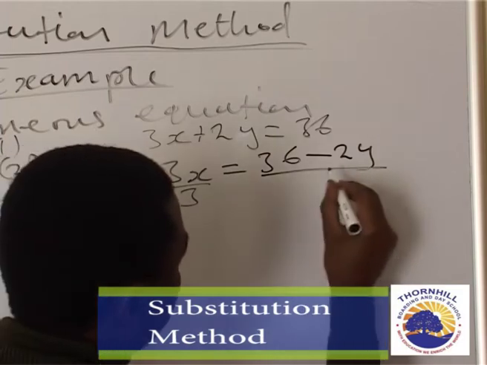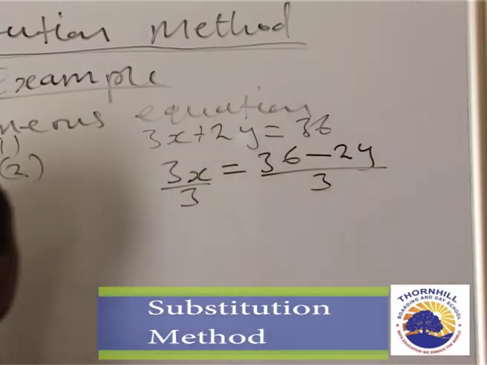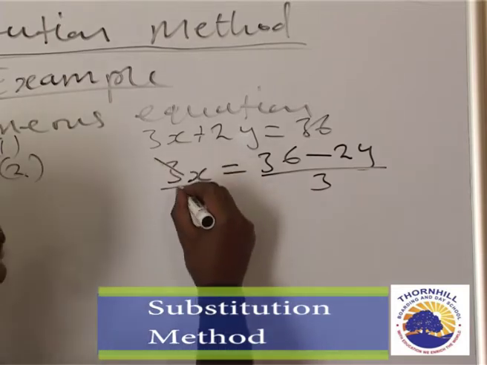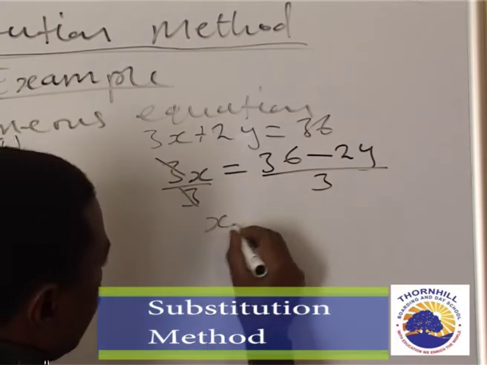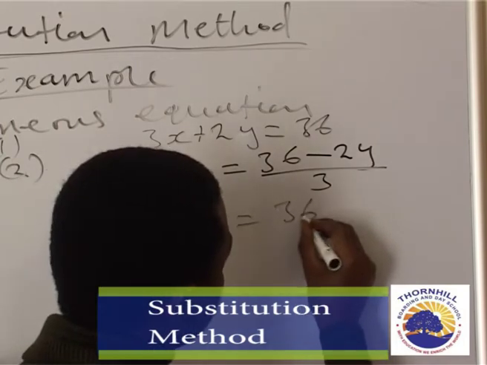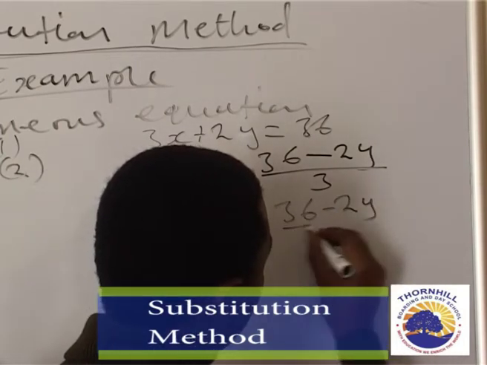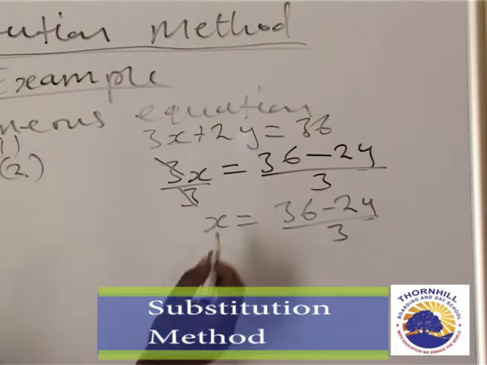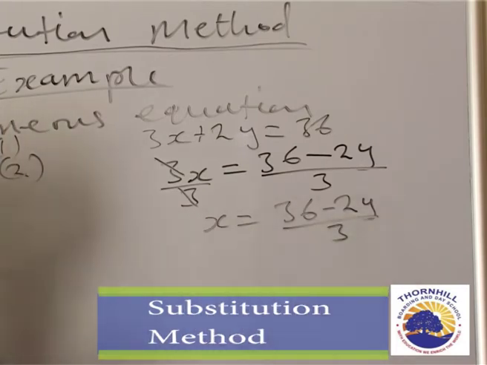This side will also divide by 3. So it means we have made x the subject. This 3 and that 3, they'll cancel. x is equal to (36 minus 2y) over 3. So what we've simply done here is we've made x the subject of the formula.